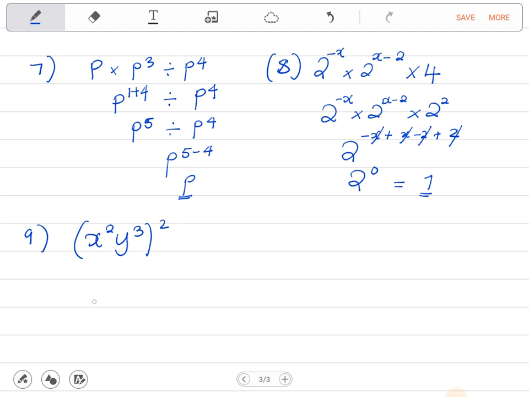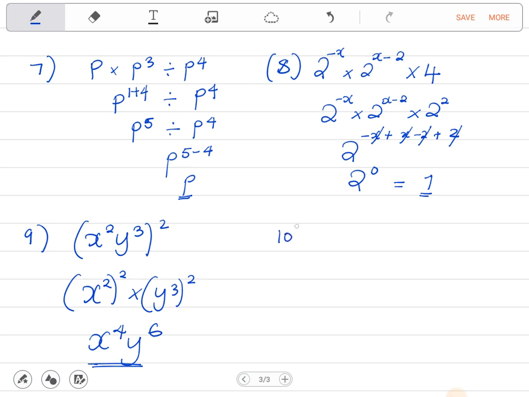So this is the same as x squared, then again squared, multiplied by y to the power 3, again squared. When you have a power inside and a power outside, those two powers are just multiplying each other. So this is just 2 times 2, so we get x to the power 4, then 3 times 2, 6, so y to the power 6.